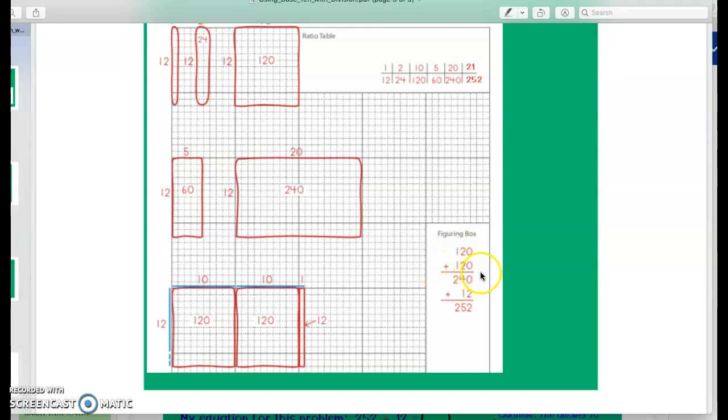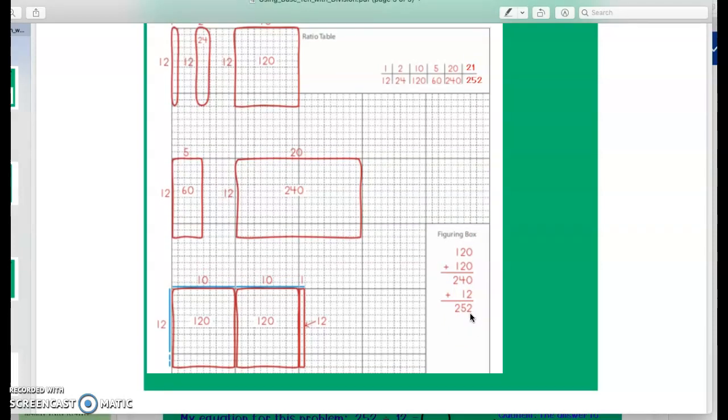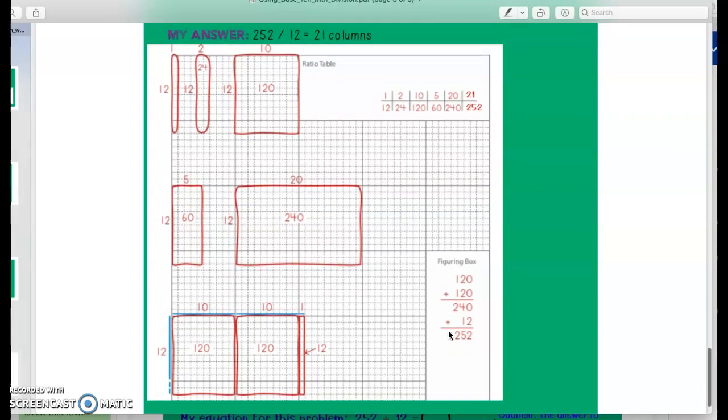I doubled that, so that's 20 groups of 12 plus one more group of 12 to get 252. We now have solved the problem. I know that 21 groups of 12 is 252. You did it.